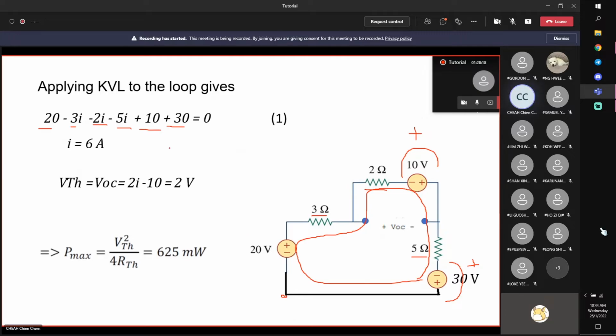Now, if you do the other way around, it's also the same, negative 20 plus 3i plus 2i plus 5i. That means that you put this voltage across the resistor as positive, right? And then over here, negative terminal, you must put negative 10. Negative terminal, you must put negative 30. And then you come back to 0.